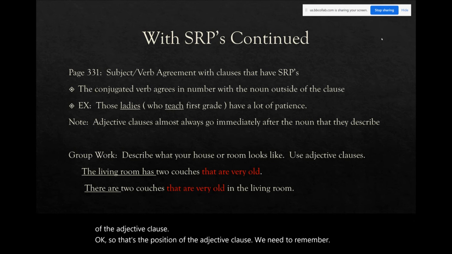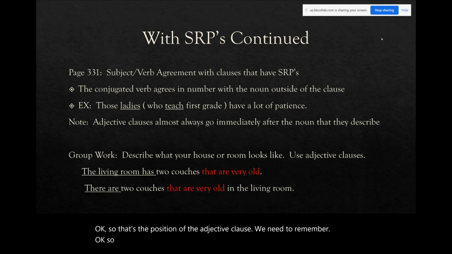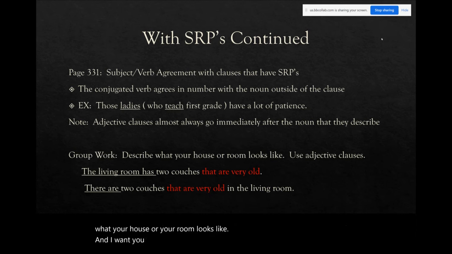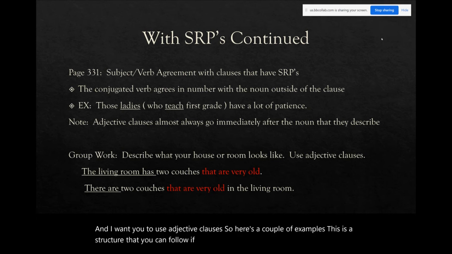Now we're going to do a group work activity. I want you to describe what your house or your room looks like, and I want you to use adjective clauses. Here's a couple of examples. This is a structure that you can follow if you want. The living room has 2 couches that are very old.